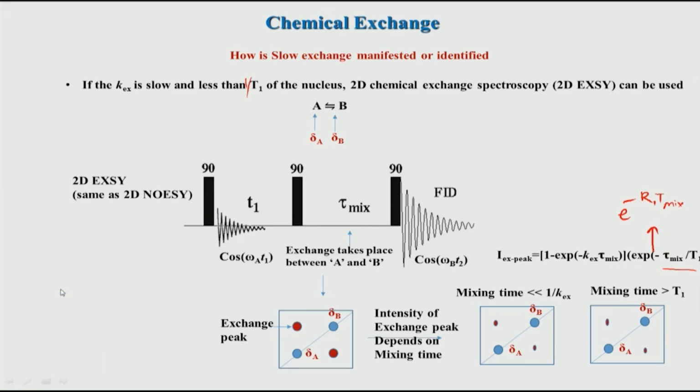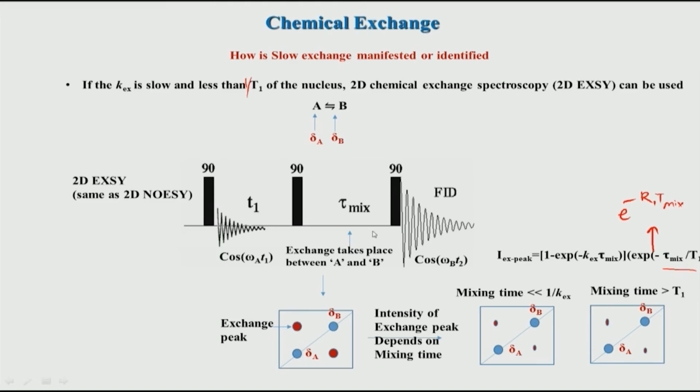So the idea is that it depends on the T1. If I give a short mixing time, very short compared to the exchange rate, then the peaks are very weak in intensity. But if I give a very long mixing time, more than the T1, then this factor dominates and will kill the signal because it is an exponential decay, and the intensity of the exchange peak will again become very weak.